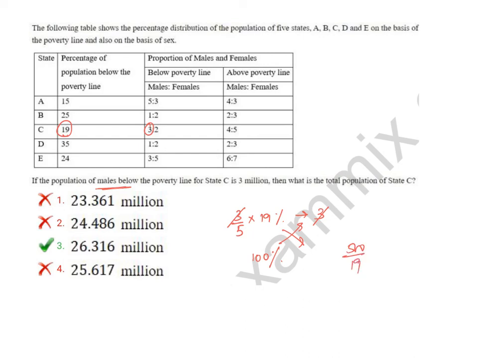Divide 500 by 19. 19 2s are 38. So you get 120. Then 19 6s are 114. Then again 60. Then put a point here. So it is 26 point. 3 19s are 57. It goes on like that. So the answer matches 26.316 million. So that is your answer there.